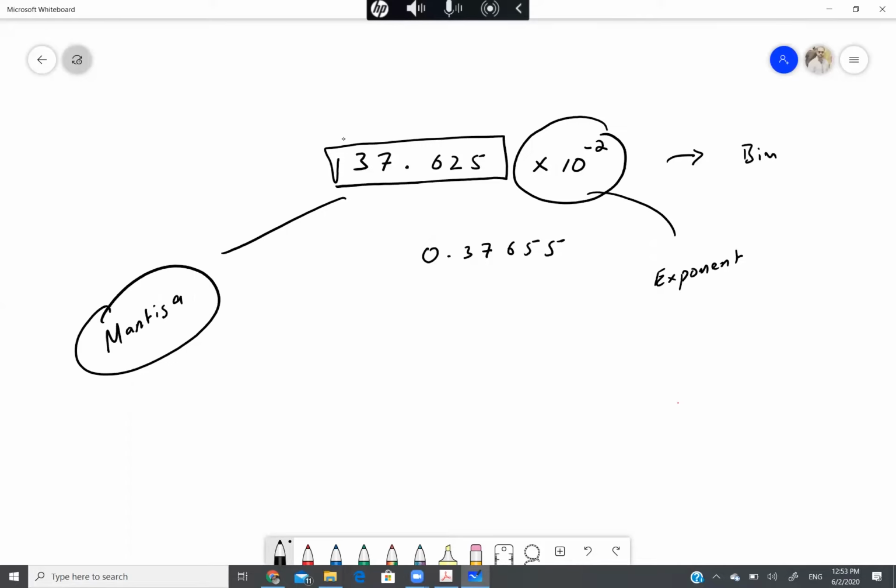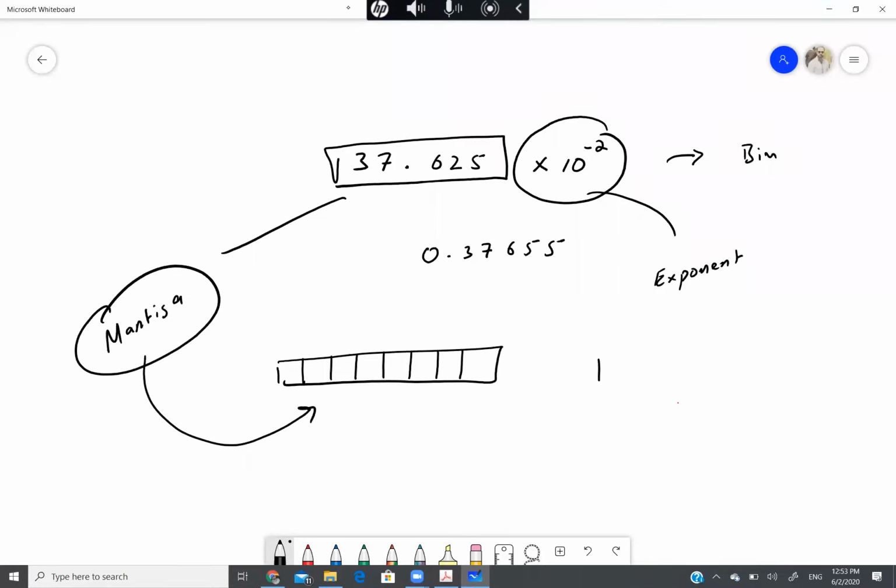Often in computer science, in our syllabus, you will hear that they give an exact number of bits, let's say an 8-bit register for the mantissa, and a 4-bit or maybe an 8-bit register to represent the exponent.